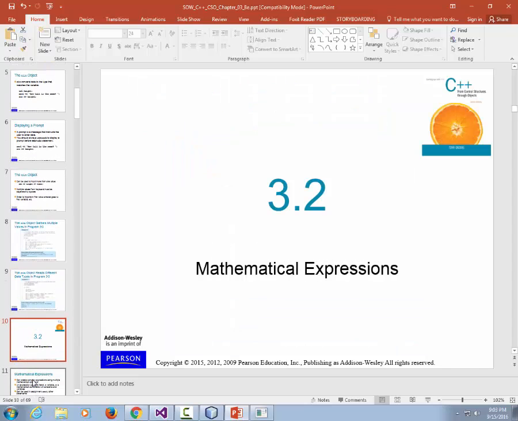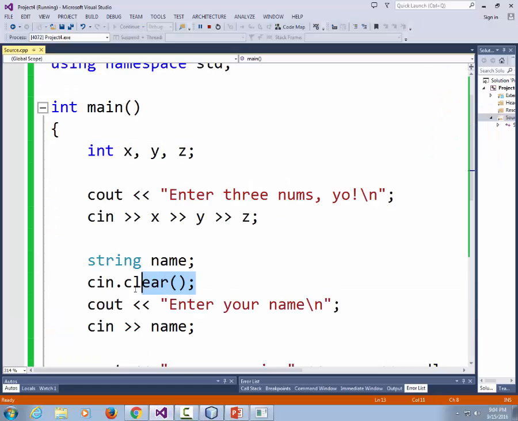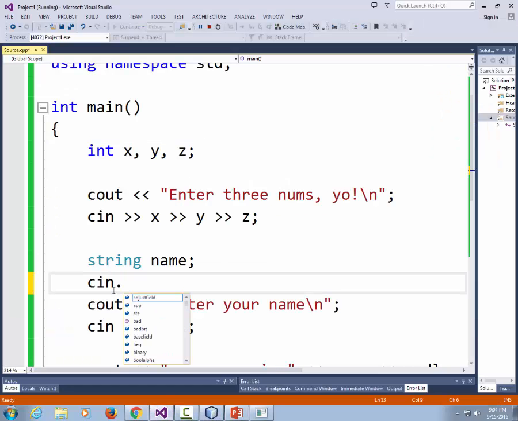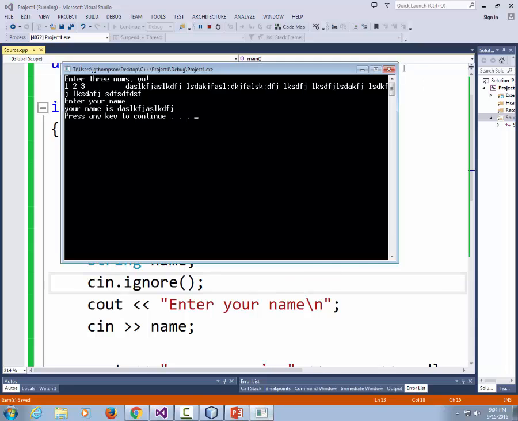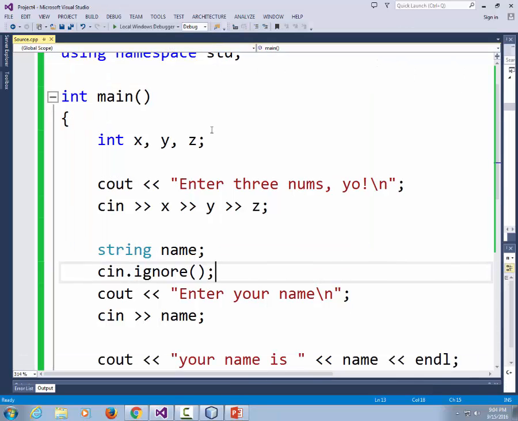Clear resets the stream state. Then cin.ignore, and supplying it INT_MAX will make it read to the end of file. You can tell it how much to ignore, which I think is INT_MAX.